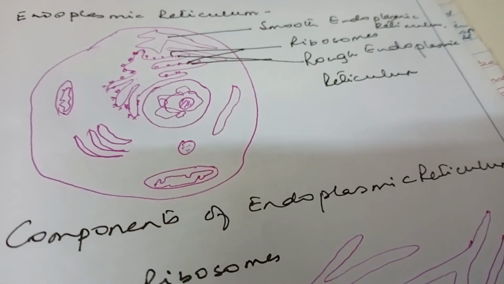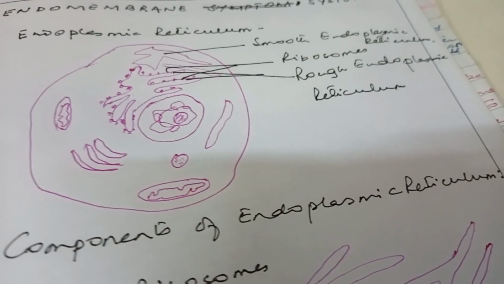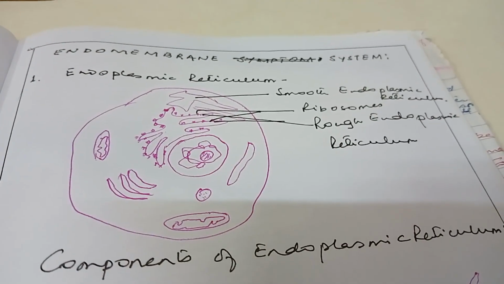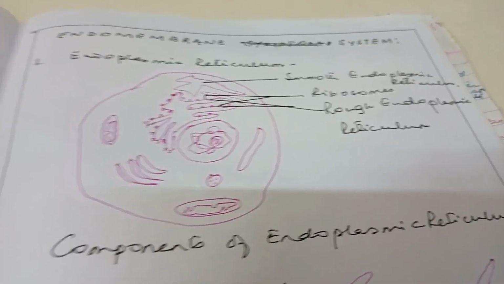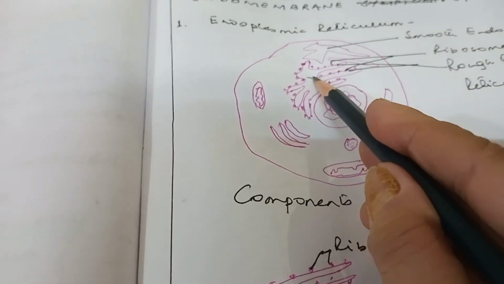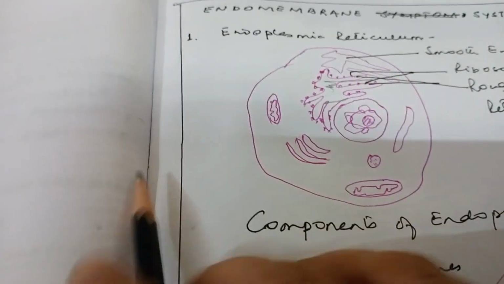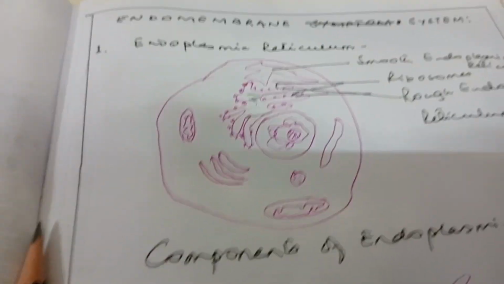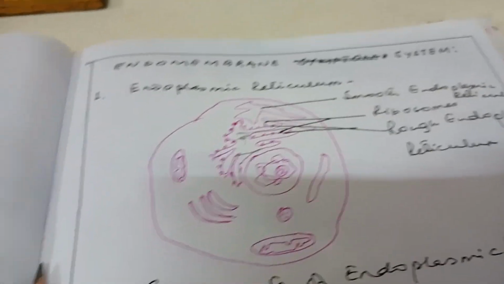Number 3, intracellular transport. The channels or the pathways of the endoplasmic reticulum act as a circulatory system within the cell. We can see that this is the channel, this is the pathway.